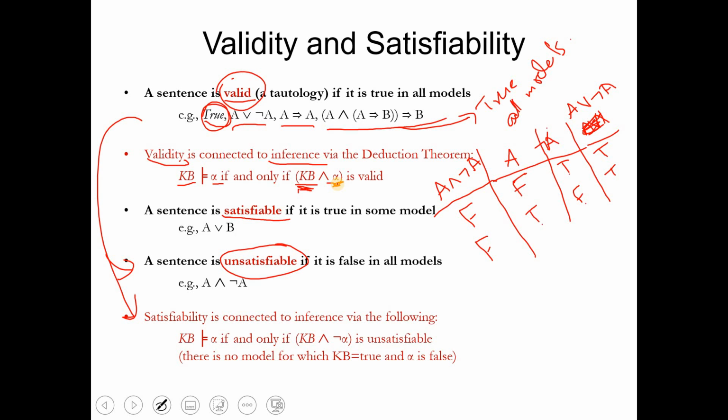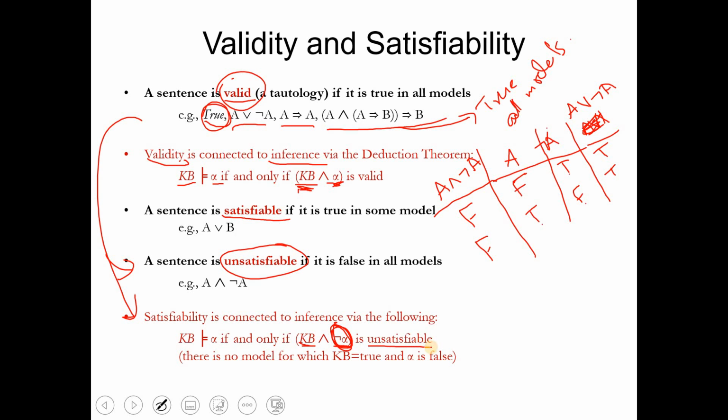That's the meaning. Whereas in the opposite case, in the unsatisfiable sentences, we say that the knowledge base and the opposite of alpha have nothing in common.